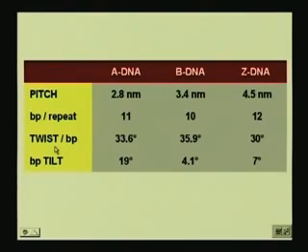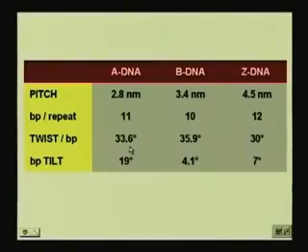The twist per base pair, you realize that there is a slight twist as you have the base pair, like you would also have an angle disposition for the alpha helix. These are the twists per base pair, and we have a slight base pair tilt which is not very much in the B DNA, just 4 degrees.